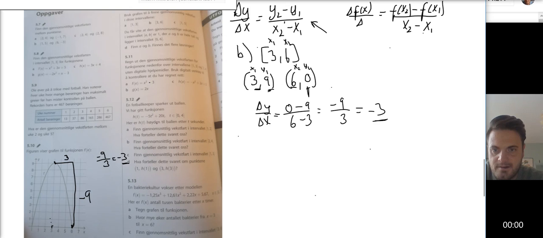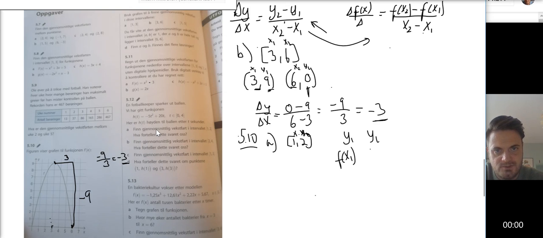And then there is exercise 5.12, and I can take 5.12a maybe just to help you here. We're going to look at the average rate of change in this interval from 1 to 2. So this is x1 and this is x2, and we of course need to find y1 and y2 to use the formula, but y1 is f of x1. That's the same thing.